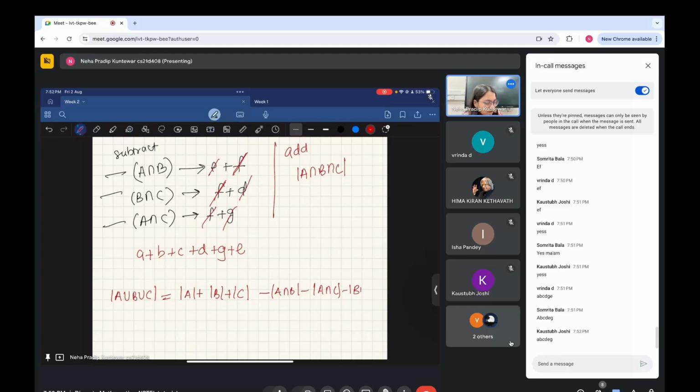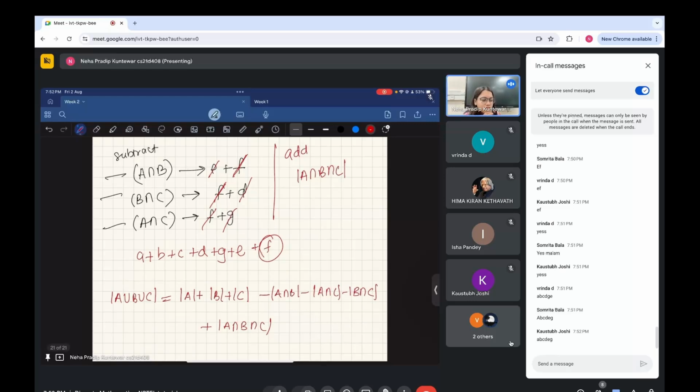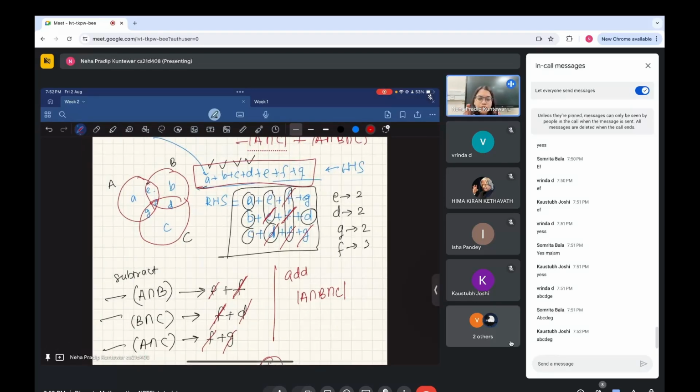So this missing term here is F, which is A intersection B intersection C. So now this gives you exactly the term on the LHS.